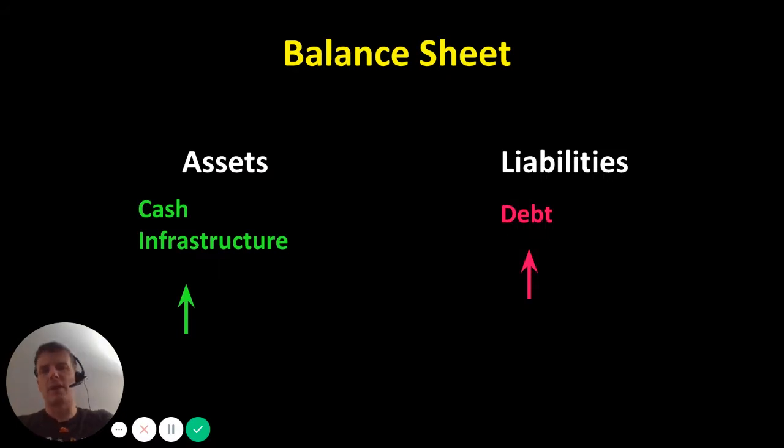One of the things that credit rating agencies might look at is a company's balance sheet to get a snapshot of their financial health, in addition to a lot of other financial information. So they might look at what assets the company has, for example, cash, and what infrastructure they have, as well as what liabilities they have. So what other debts are they going to be responsible for paying in the future?